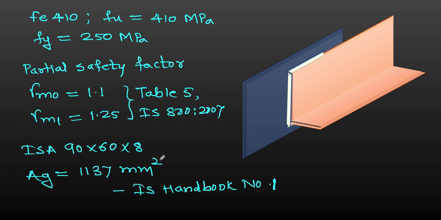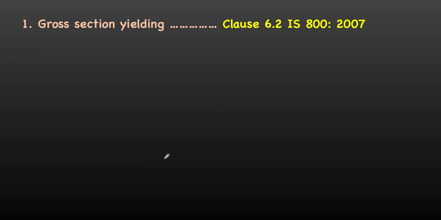Now we have to find out first the gross section yielding. Where is the value of gross section yielding given? This gross section yielding is as per clause 6.2 of IS 800. What is the equation given? The design strength due to gross section yielding is denoted as Tdg, the design tensile strength due to gross section yielding.